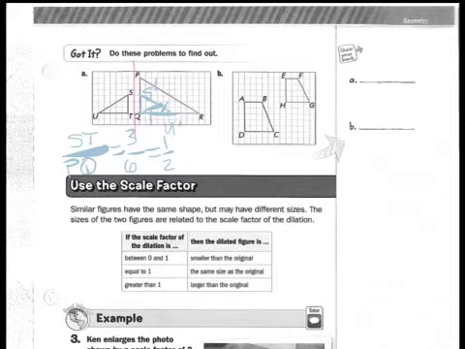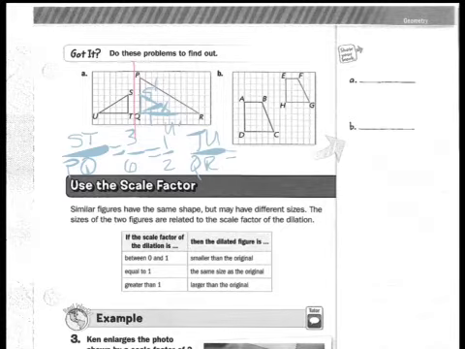Now I can't do the diagonal side without doing the Pythagorean theorem, so I'm going to skip that side, but I'm going to do the bottom side of each triangle. Since I started with the smaller triangle, I've got to start with the smaller triangle again. TU, we're going to see if it's similar to QR.